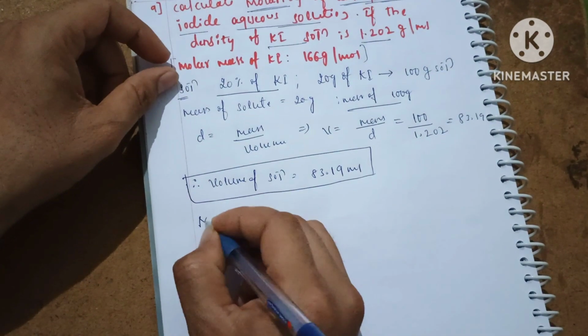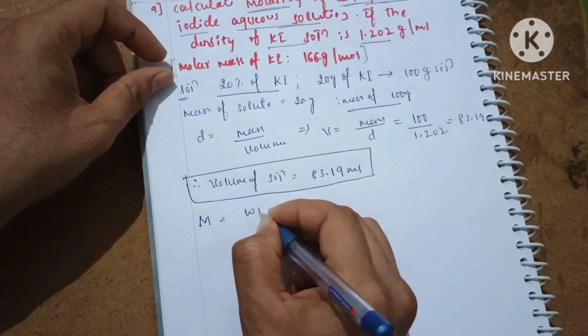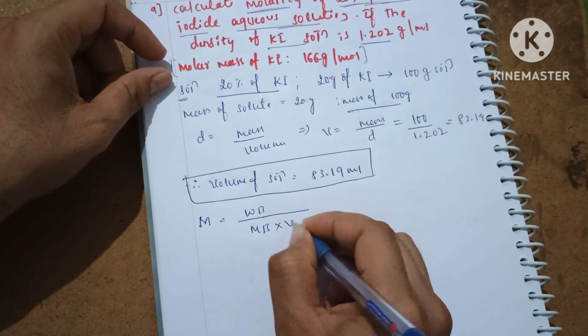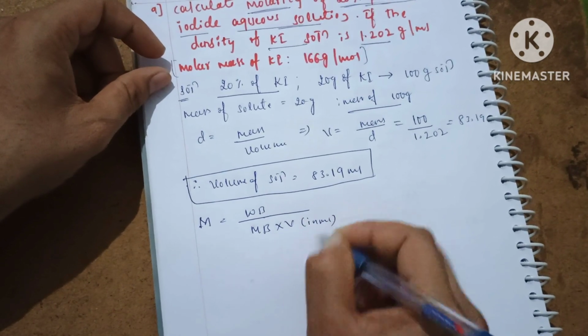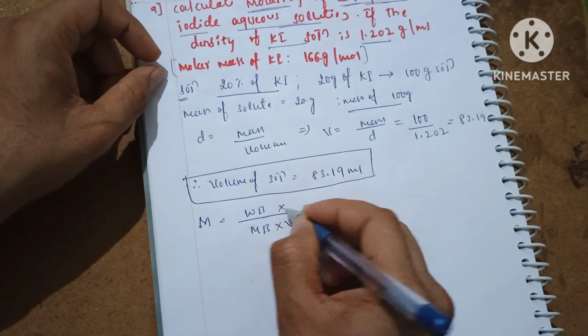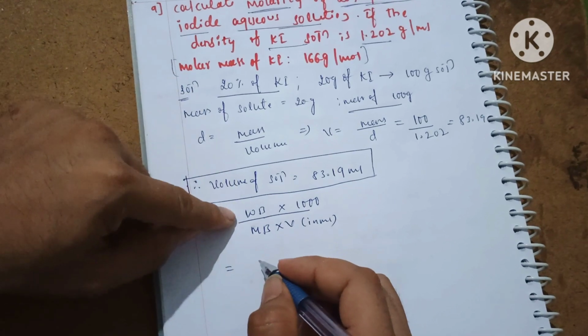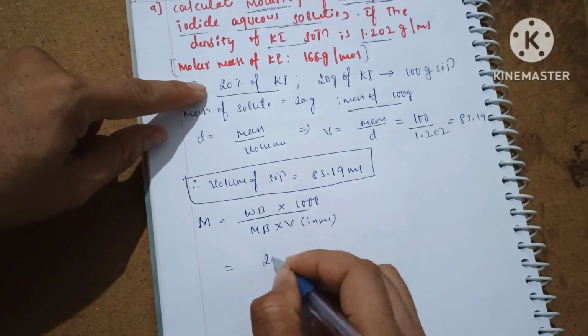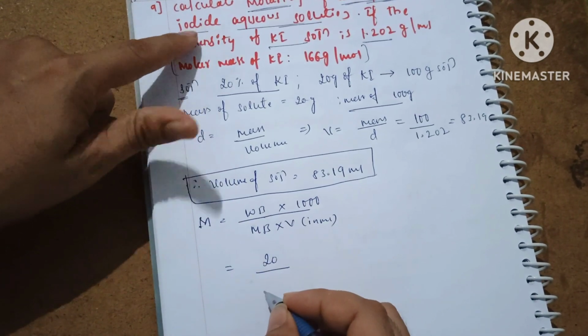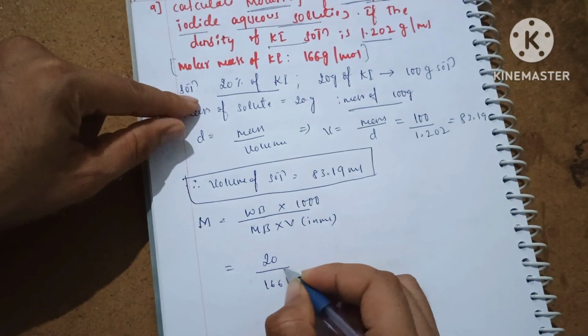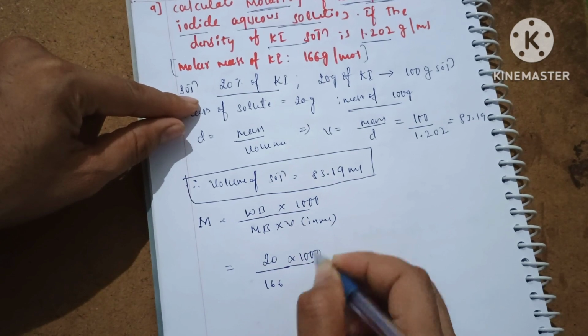That is, M is equal to given mass divided by molar mass of solute into volume of solution in ml, and since the volume is in ml, we have to multiply by 1000. The given mass of solute is 20 gram, and the molar mass of potassium iodide is 166, multiplied with 1000.